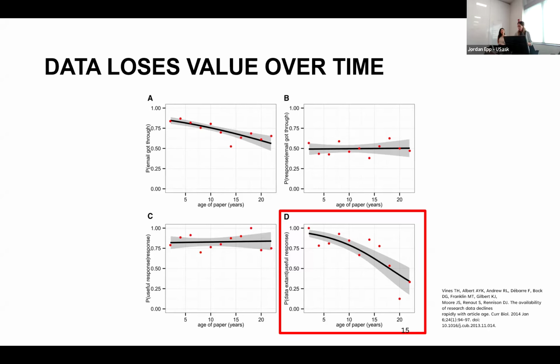And then you can see in the bottom right image there, the long tail of decline, that as a publication aged, the research data lost value. And this can be due in part to poor research data management because people stop caring for the data, the proper documentation isn't there, and it's maybe saved in formats that people can no longer use, or people don't remember where it exists. There's lots of reasons why that tail is there.